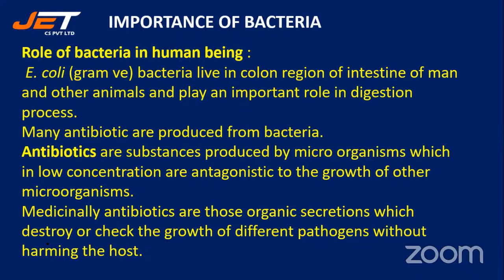Medicinally, antibiotics are those organic secretions which destroy and check the growth of different pathogens without harming the host. Obviously, if we are using an antibiotic for a particular strain of streptococcus, then that organism will die. So Strepsil, we know the name of the medicine.